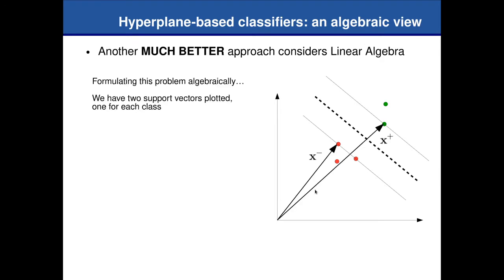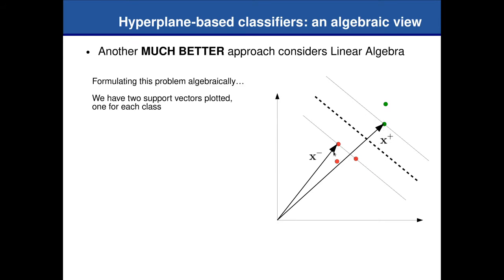I'm just going to start here. Consider I have two position vectors. A first position vector defining this positive point on which my support hyperplane for the positive class lies. Okay?